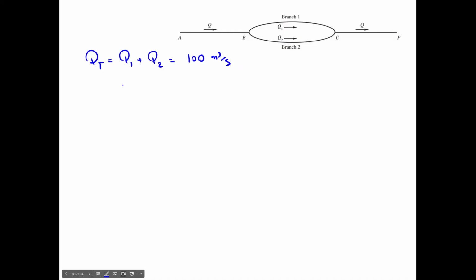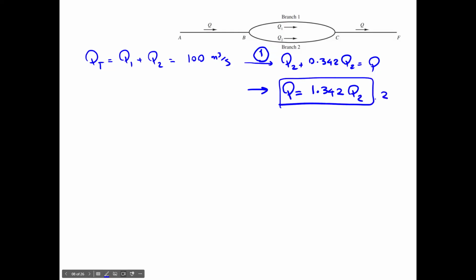Instead of Q1, I use equation number 1. So I will write Q2 plus 0.342 Q2 is Q. So I will end up, Q is going to be equal to 1.342 Q2. That's equation number 2 for me.